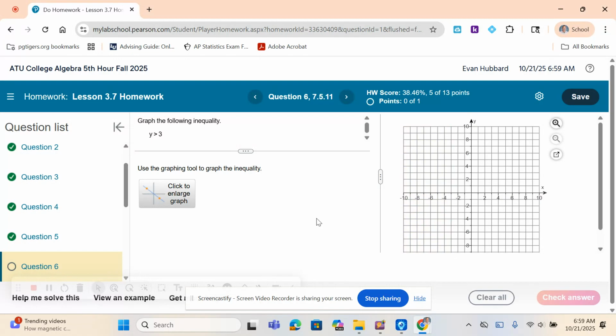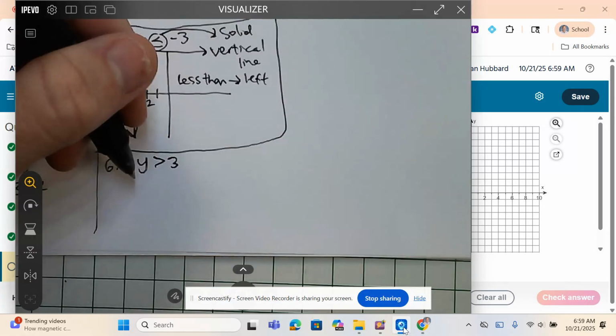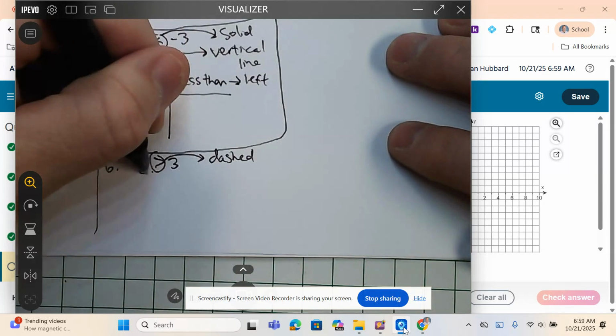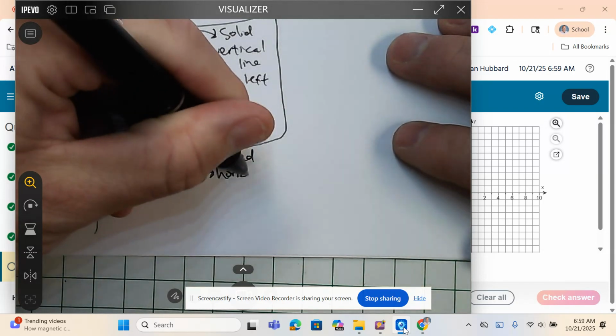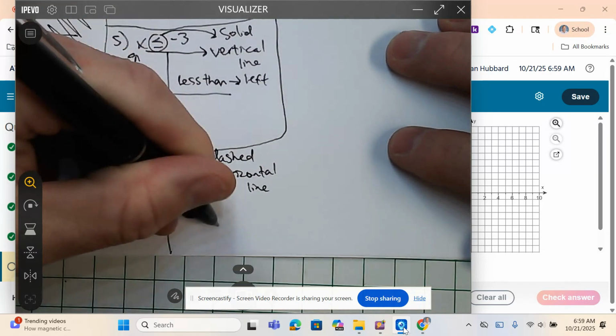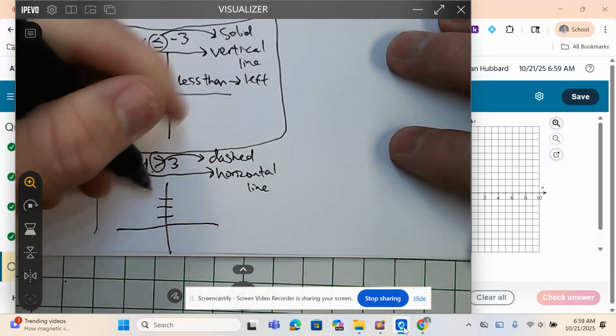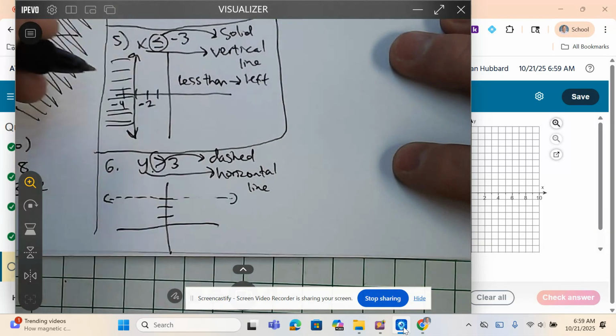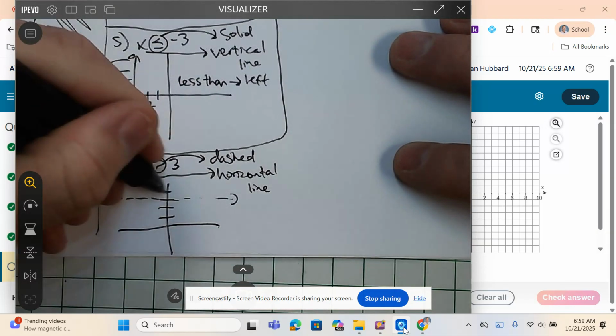Okay. 6 is y is greater than 3. All right, so this one's going to be dashed. And this one's going to be a horizontal line. Y equals is a horizontal line. So I'm going to go here, 1, 2, 3. And so it's going to be a dashed horizontal line at y equals 3. And where am I greater than 3? 4 or 2?